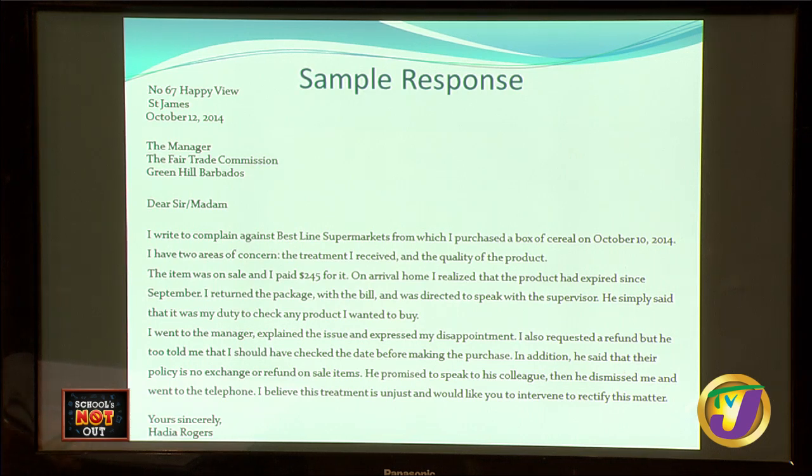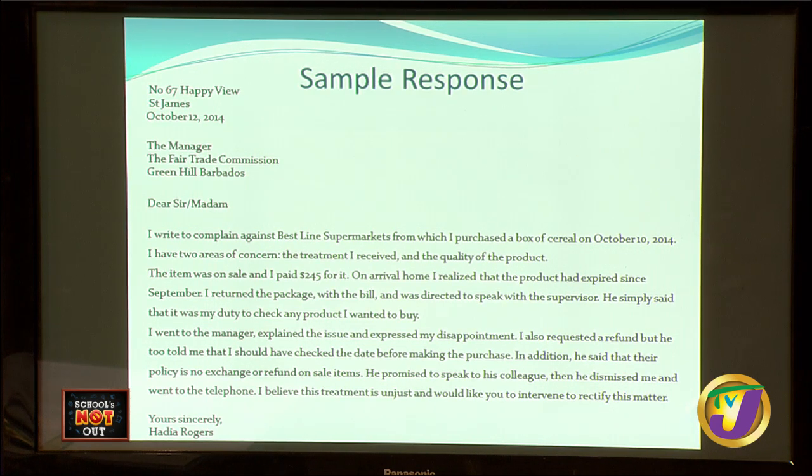Dear Sir/Madam, I write to complain against Bestline Supermarkets, from which I purchased a box of cereal on October 10th, 2014. I have two areas of concern: the treatment I received and the quality of the product. The item was on sale and I paid $245 for it. On arrival home, I realized that the product had expired since September.